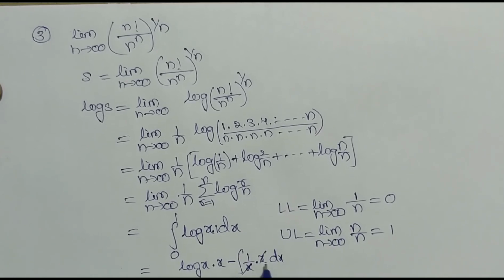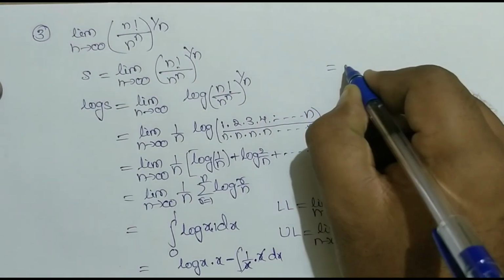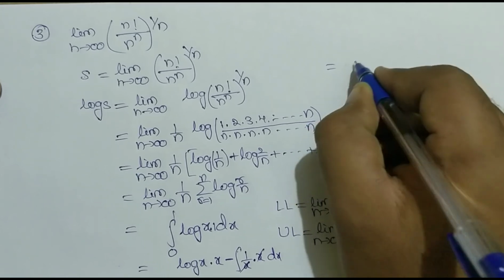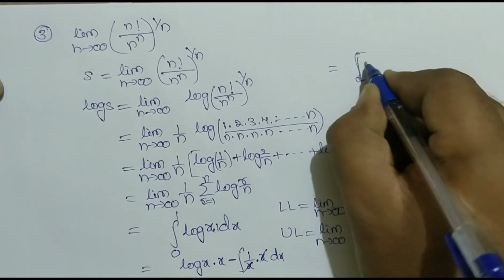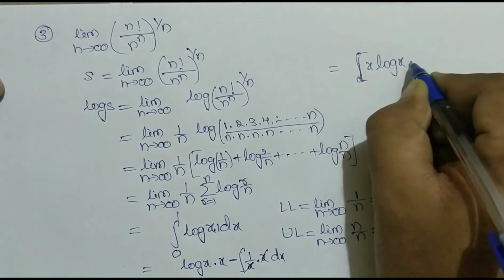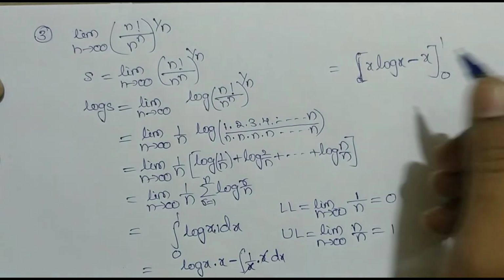So x cancels, and 1 integration is x. So the problem is converted to x log x minus x from 0 to 1.